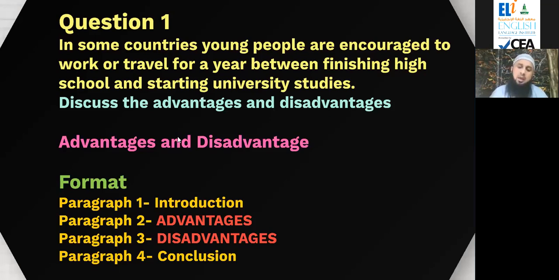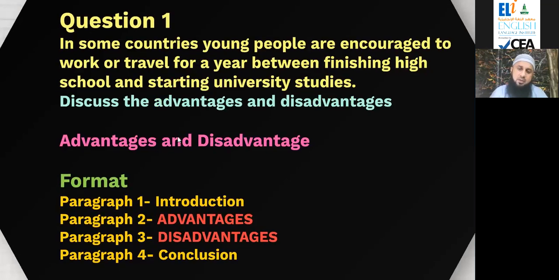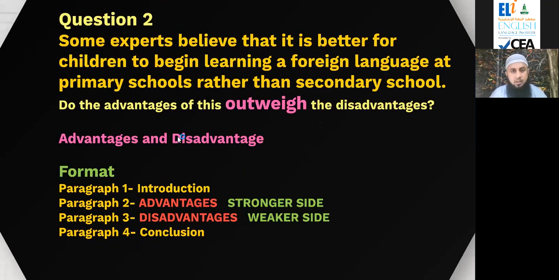Okay. After this comes question two. Foreign language at primary school rather than secondary school. Okay. The question is, do the advantages of this outweigh the disadvantages? They do give you a hint that you should write more advantages, the stronger side.